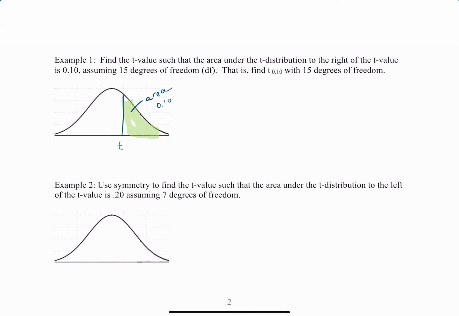And to use the T sub alpha notation I mentioned at the end of the last video, that means we're looking for T sub 0.10. So let's go to our t-table and see how we're going to do this.